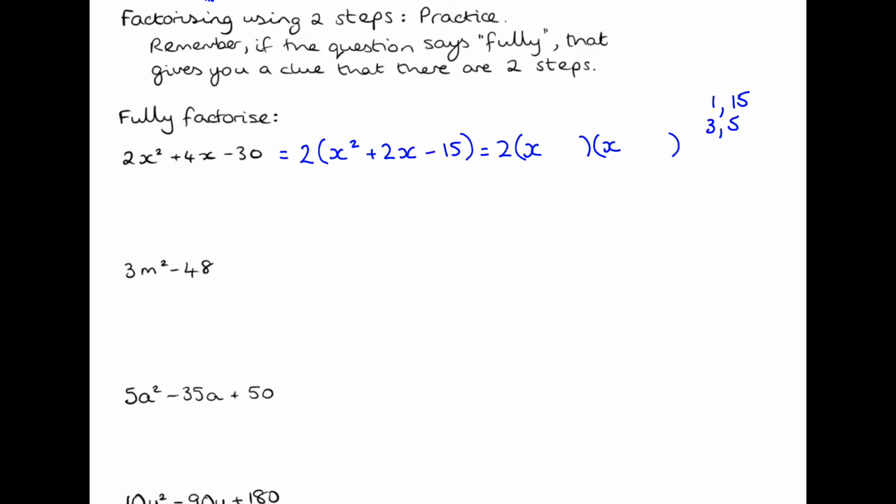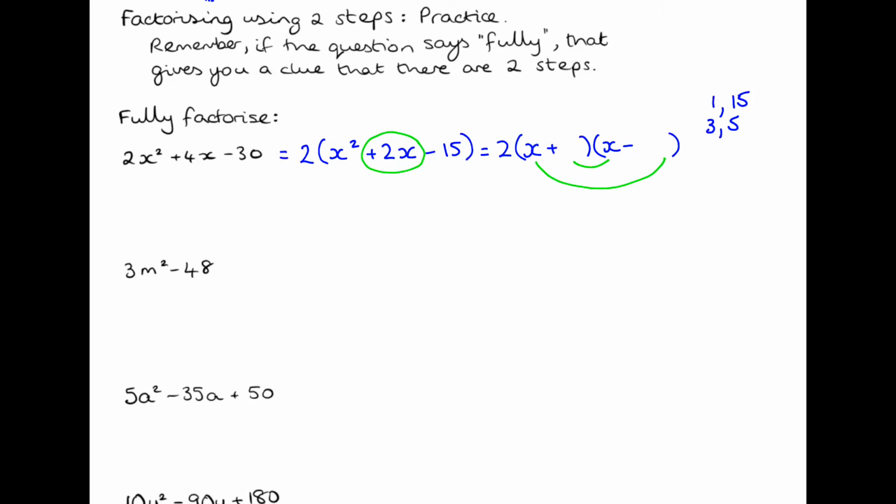And then we think about the signs in the brackets now. So this minus at the end here tells us that the signs in the brackets are going to be different. So we need a plus and a minus. And we want to make a combination of positive 2x.